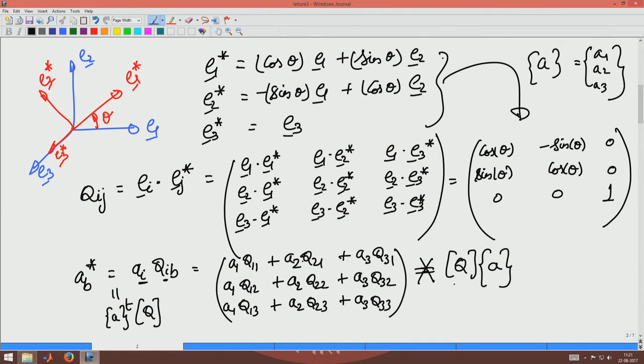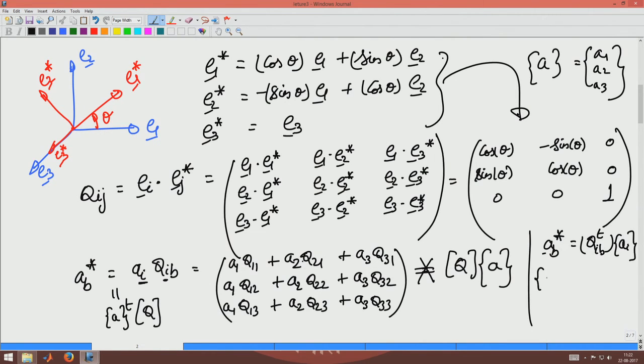So, I can write a_b star as Q transpose_bi into a_i, okay.